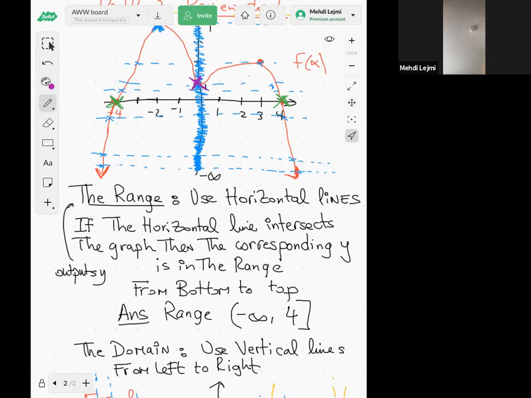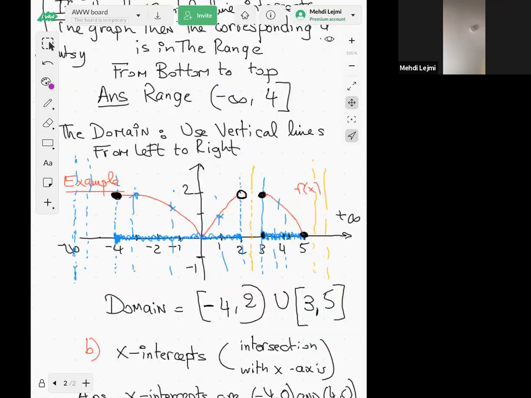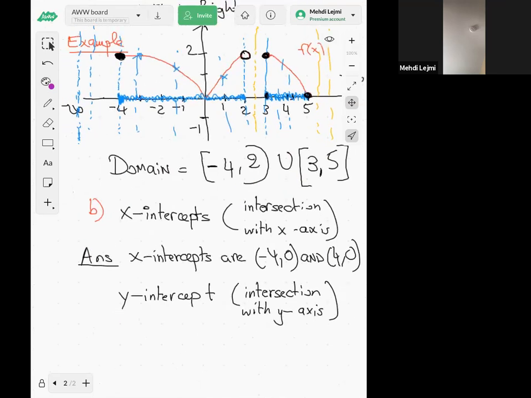That's the intersection of the graph with the y-axis. And that's actually the point (0, 1), right? y is equal to 1 there, and x, of course, is 0. So the y-intercept will be (0, 1). So the answer: y-intercept is (0, 1).